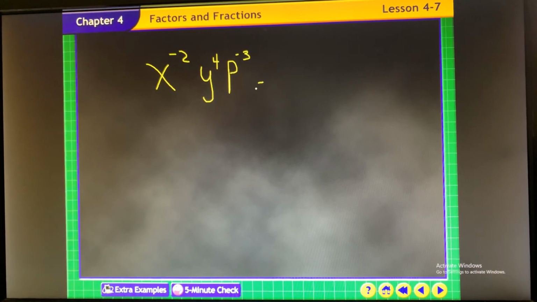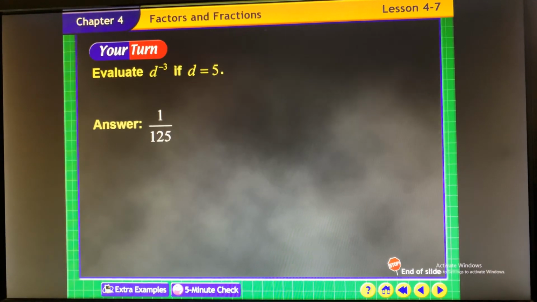And I said to you, make this all positive exponents. You draw your fraction line. Anything positive stays in its position. Anything negative goes in the opposite position. And that would be your answer. Okay.